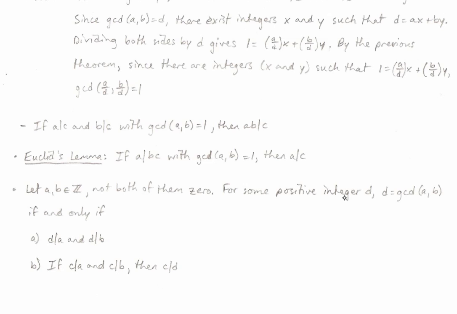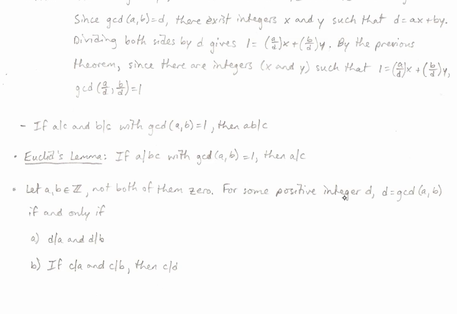Just one last point here at the end. I will let you read that on your own. In essence, a restatement of what we had talked about earlier on in this video, with the exception of property b. Again, integers a and b, not both of them 0. You have the GCD of a and b, call it d.